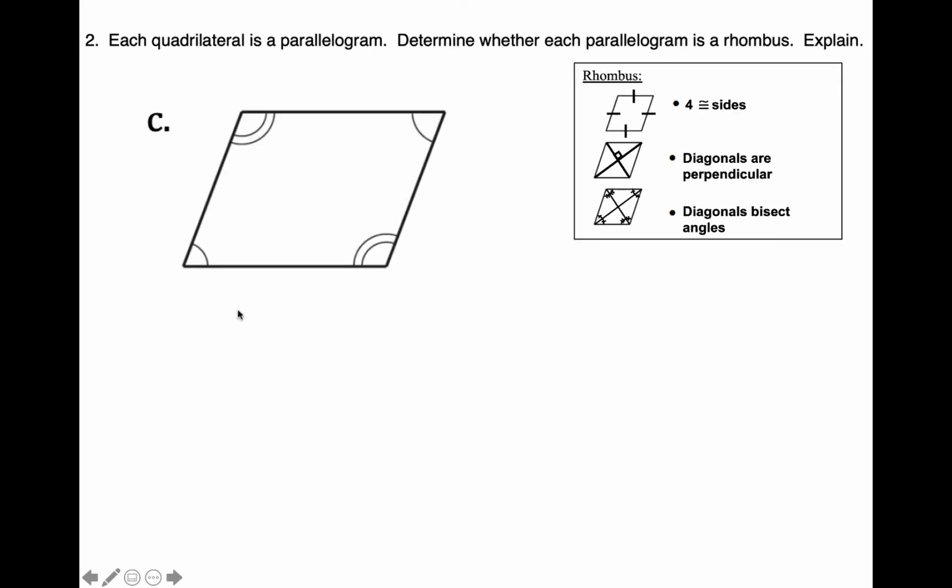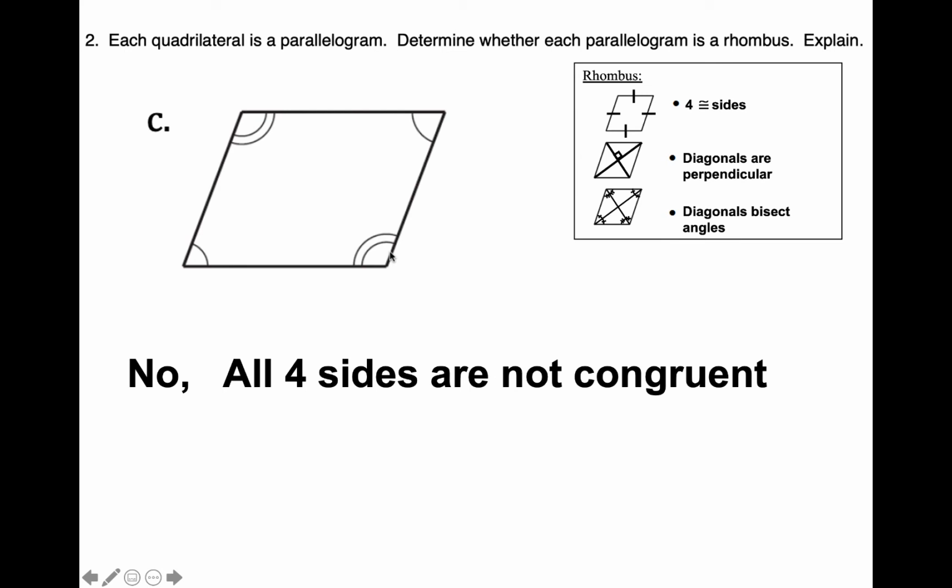And then part C, notice opposite angles are congruent, so it's a parallelogram, but it doesn't have all four sides marked equal. It doesn't have anything about the diagonals being perpendicular or bisecting the angles. So we cannot say that this is a rhombus. We can just say it's a parallelogram.